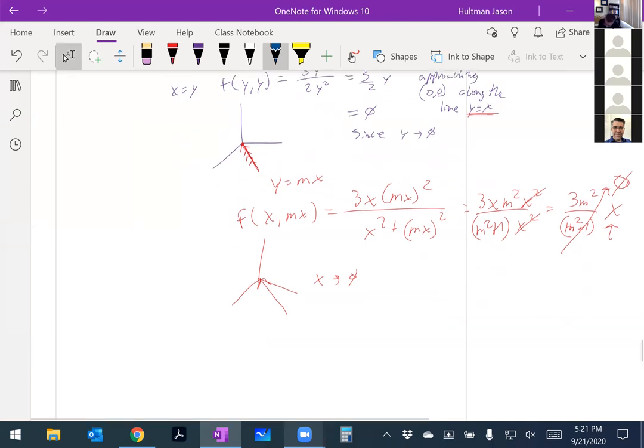No matter what path I try to take to 0, if I come in this way, or this way, all paths. We already saw that way, and any linear path. We could say, well, what about any quadratic path? What about any of those other paths?